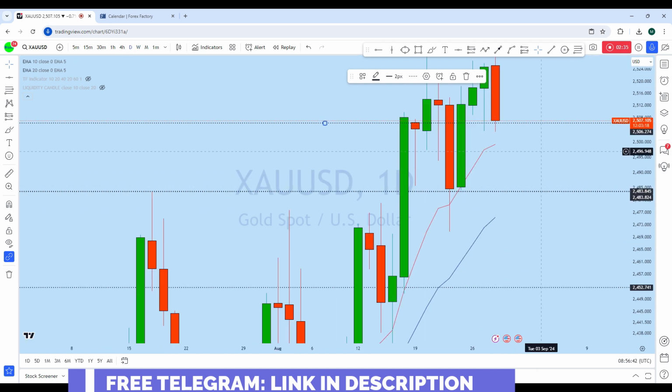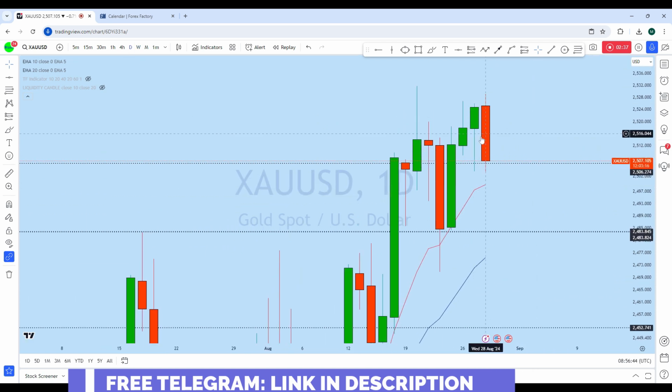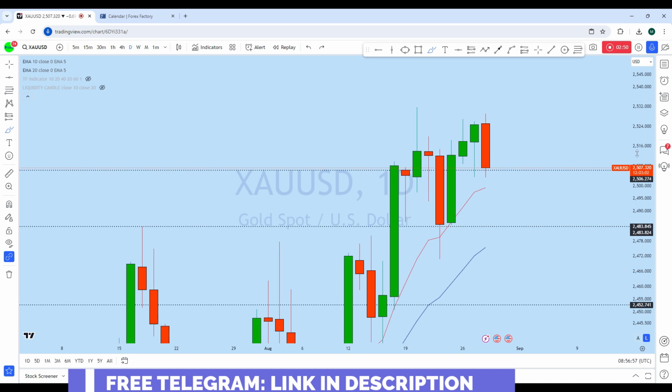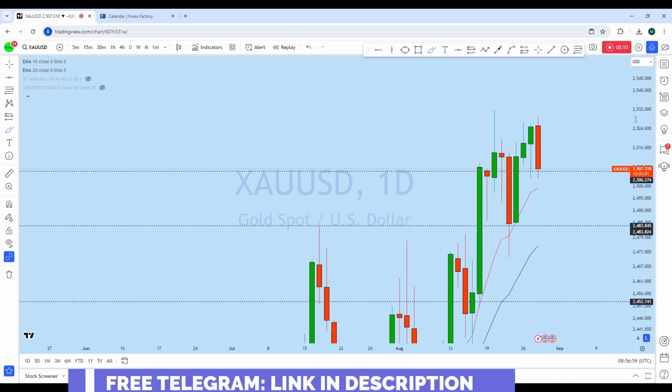If we drop down to the daily chart, we can see the previous day there is a pin bar that has broken that low and then closed above as a pin bar. And today, after the break of this high, instead of creating a new higher high, we can see the bulls have got exhausted.